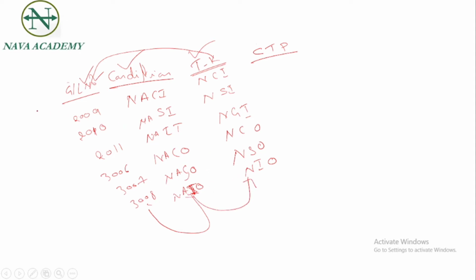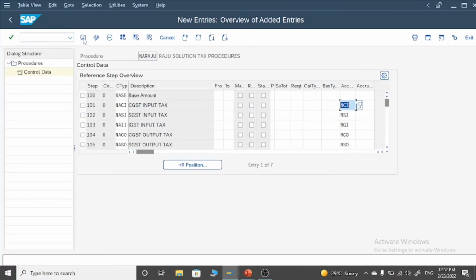Automatically 3 are linked. Okay. This is condition type procedure, tax procedures linking. Okay, next save. Data was saved.